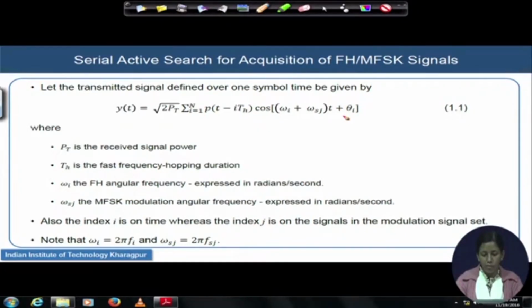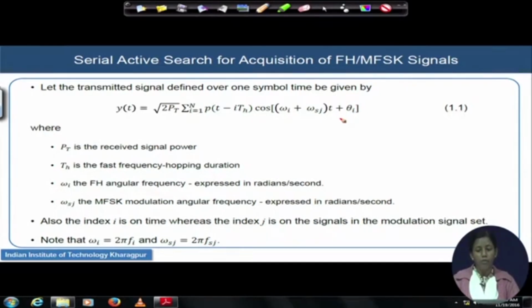Remember, we cannot actually guarantee that whenever hopping is going on, there will be the same phase relative to every hop. That's impossible. So every hop is associated with a different amount of phase. That can't be guaranteed.